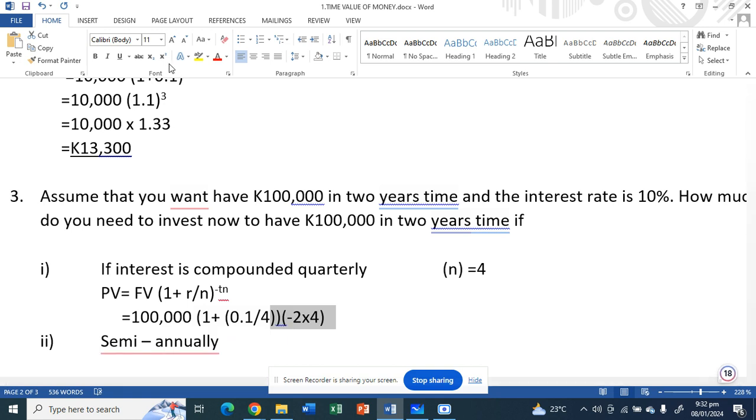So always take care of BODMAS so that you get the correct answers. So we always start with the parentheses. So here we're going to first do 0.1 divided by 4.